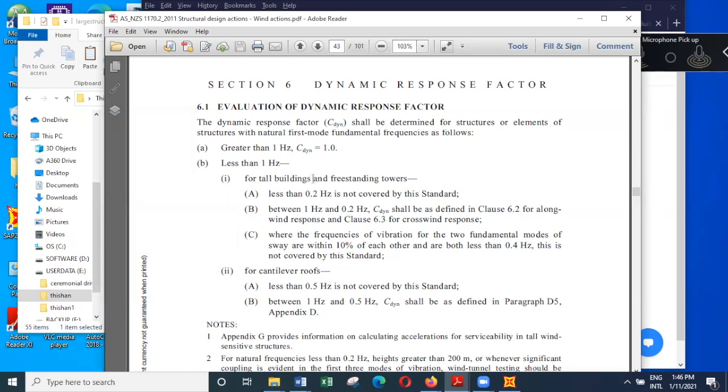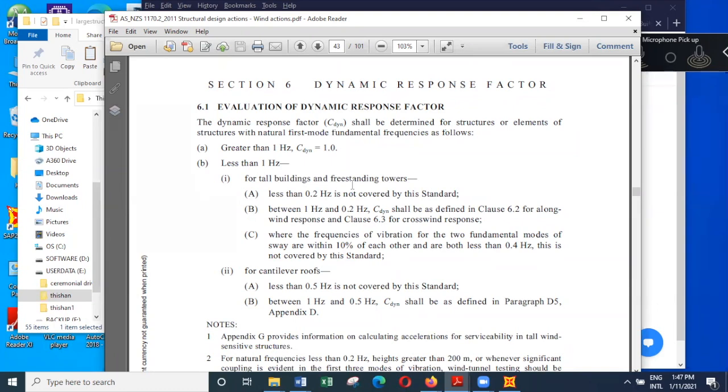So here you can see when the natural frequency is less than 1 Hertz, there are certain conditions under which the provisions of this code can be used. Basically what it says is this code is not applicable for freestanding towers and tall buildings with natural frequency less than 0.2.